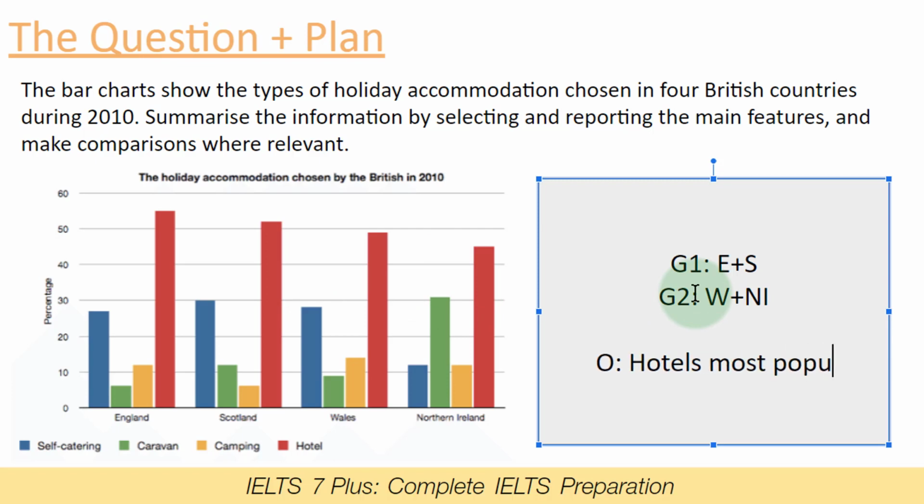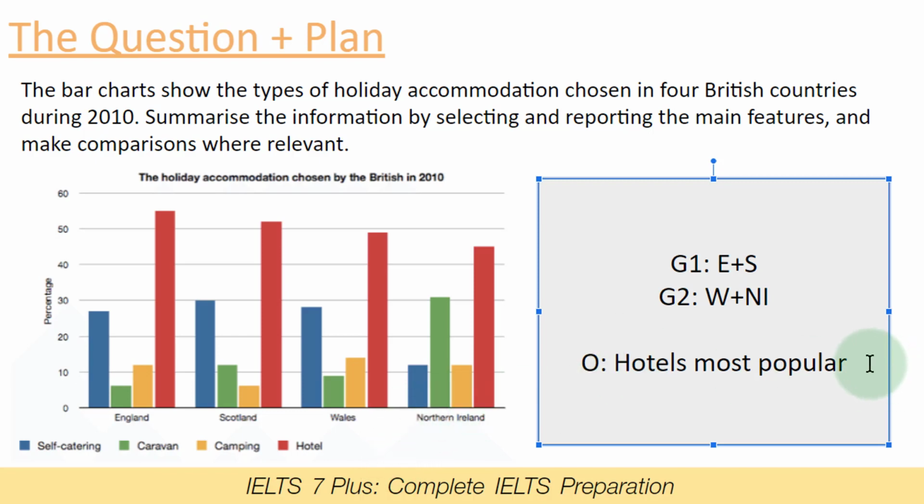Hotels most popular. Now remember, this is obviously a slow example of writing our plan. And you'll notice as I'm writing and talking to you about this report, I'm analysing the data straight away. I'm understanding some of the information I can see. And this is why a plan is super important, because it automatically makes us understand the visual information.